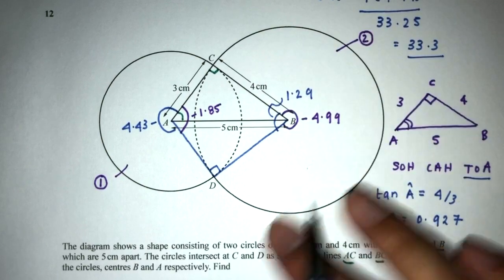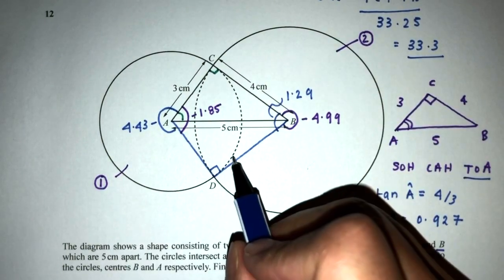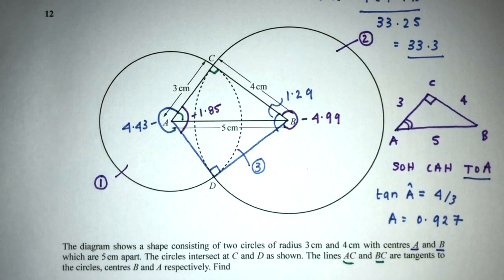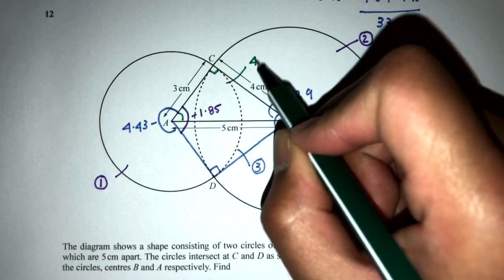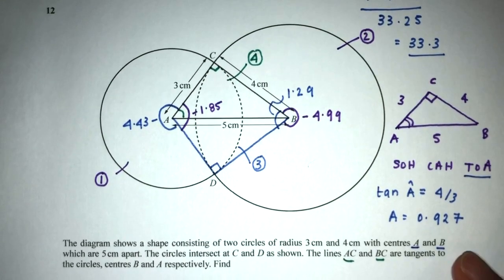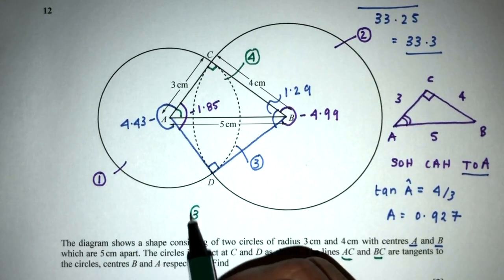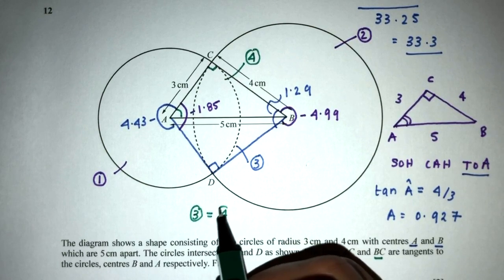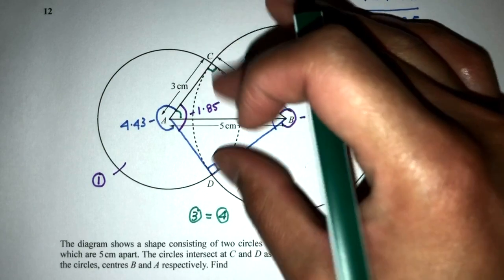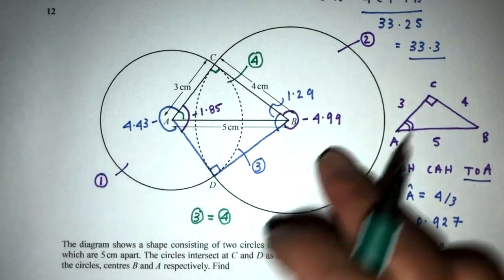This is the big one to find. And then we have number 3 and number 4 for the area, if that makes sense. So we have 4 pieces to put together. Now, something we realize is that number 3 is equal to number 4, right? So we can just find one of them and multiply by 2 afterwards. But first we can find these two.